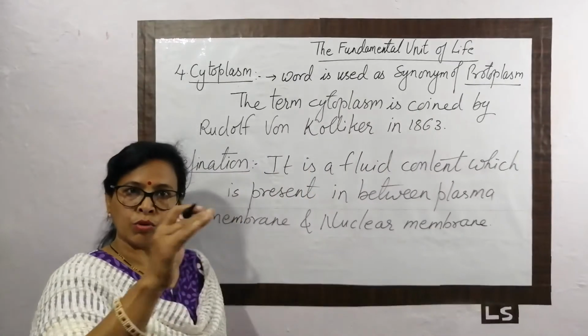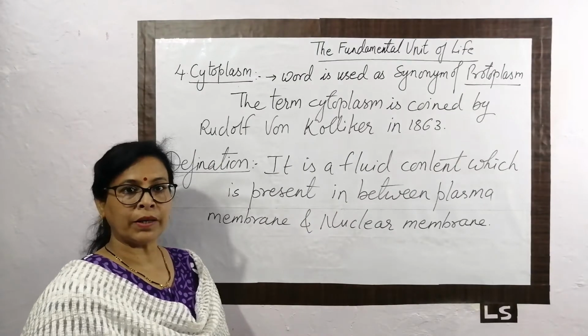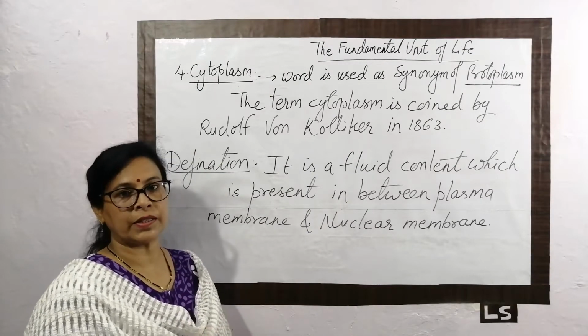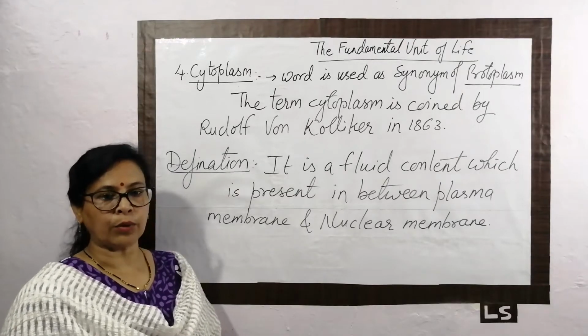The plasma membrane is the outermost layer of the cell, and the nuclear membrane is the outside of the nucleus, and in between these two a fluid is present and that fluid is called the cytoplasm.